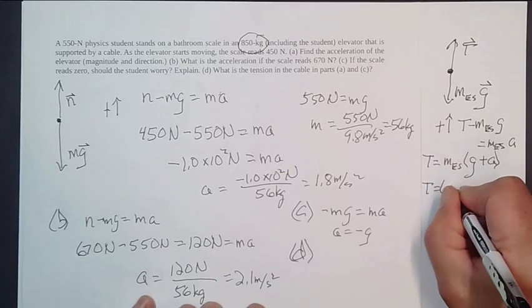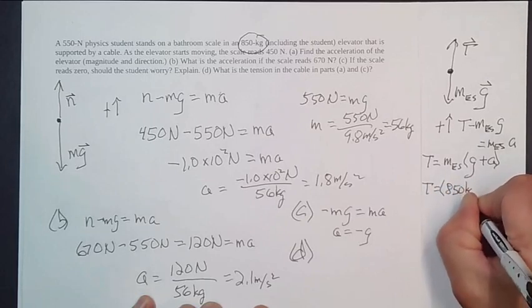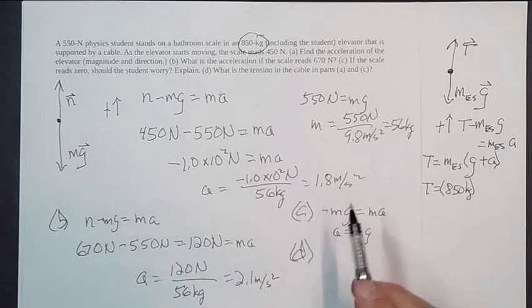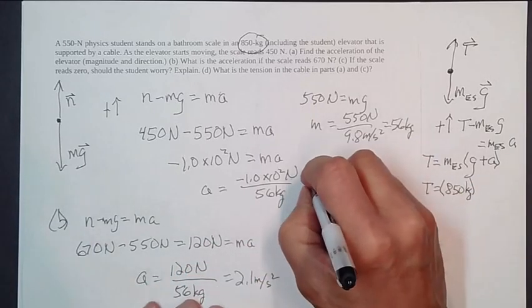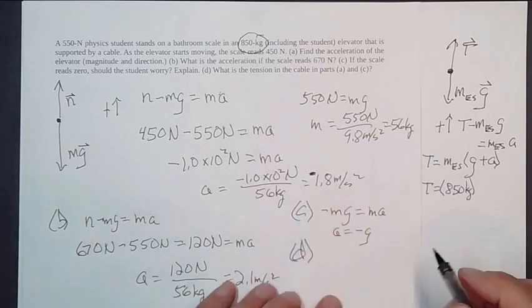Okay, so I've got 850 kilograms for that combined mass. When the elevator is accelerating downward, whoops, I forgot a minus sign on this one. Somebody should have said something.